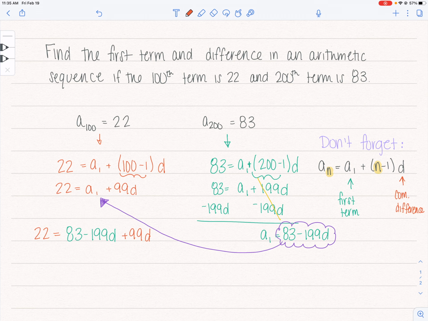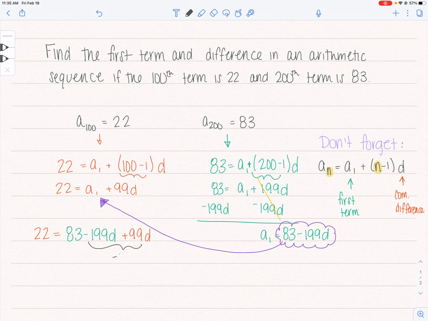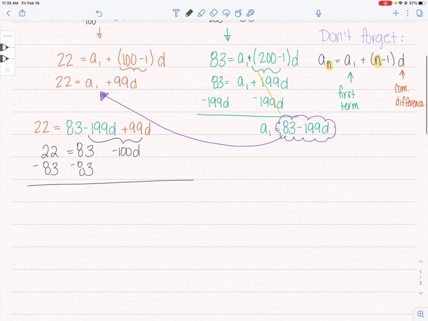So I'm going to combine like terms and get negative 100D, carry everything down. And now this is just a matter of solving: minus 83, which will give me negative 100D equals negative 61.